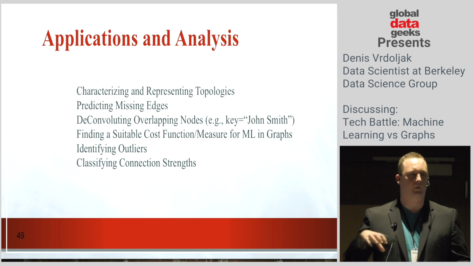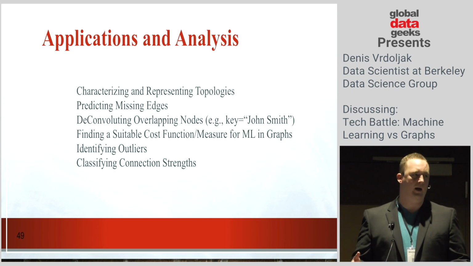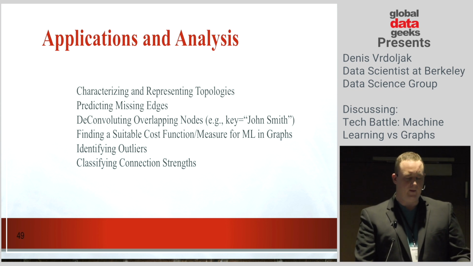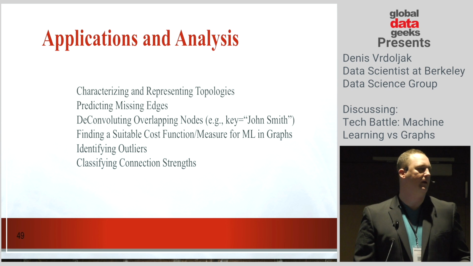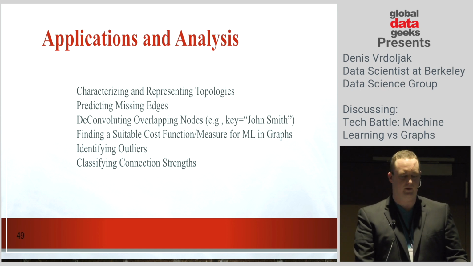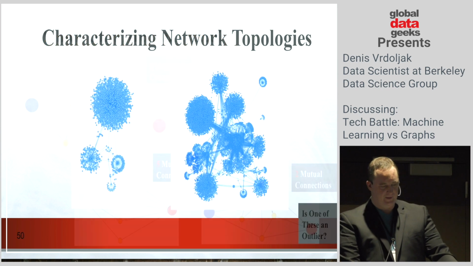If the topology around a node is different than what's typical for the world or the community that you're looking at, then that would stand out as an outlier and worth taking a closer look at. And then also classifying connection strengths, because the world isn't just nodes and edges. Those edges have different strengths, different types. There's a lot of different dimensions that you can put in there. And so that's some of the stuff that we're working on now.